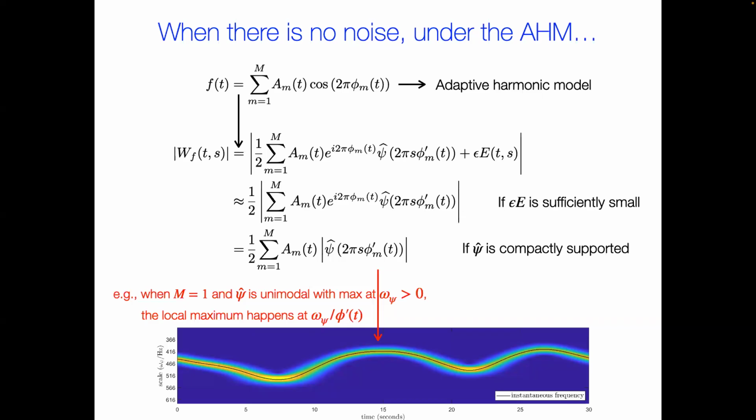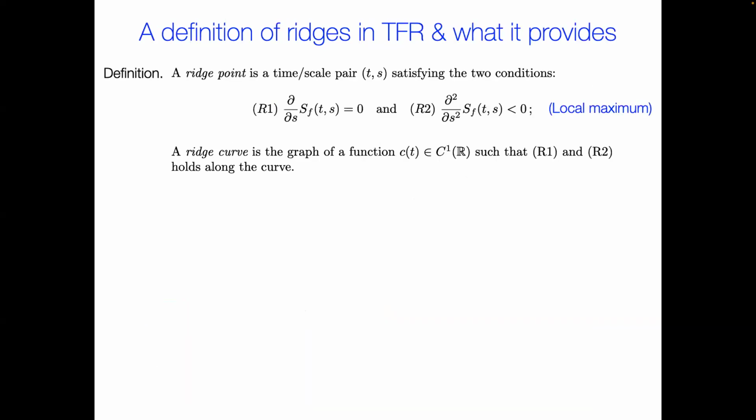So from this picture and this very quick derivation, you may consider the following definition of ridge when you are working with time frequency representation. In the end of the day, we just want to find local maxima, right? So you just define it. The R1 condition is that at each time t, on the scale domain, you try to find a critical point such that this critical point is a local maxima. That is it.